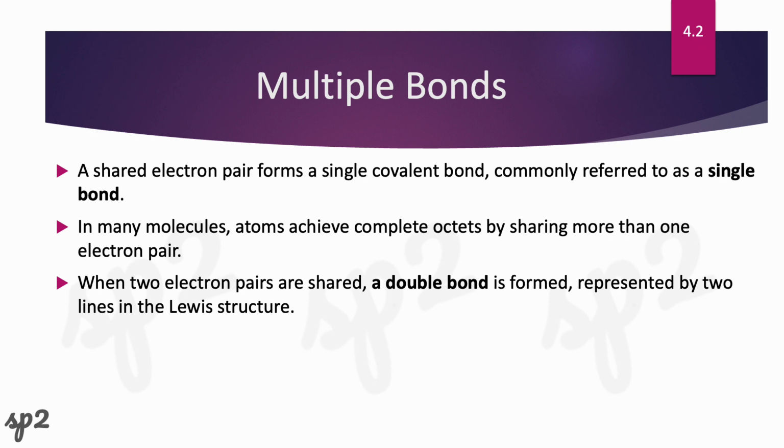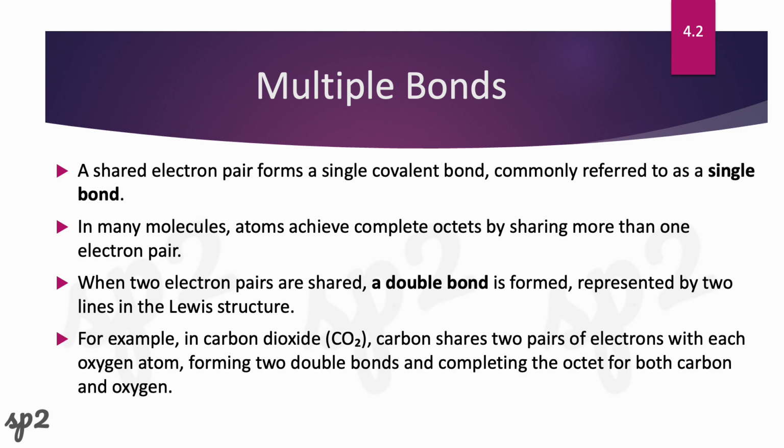So if I have two pairs of electrons shared, we call that a double bond, and that is presented by two lines in our Lewis structure. For example, in carbon dioxide, carbon shares two pairs of electrons with each of the two oxygen atoms. Therefore, we form two double bonds in order to complete the octet for both carbon and the oxygen atoms, right? Okay, cool.